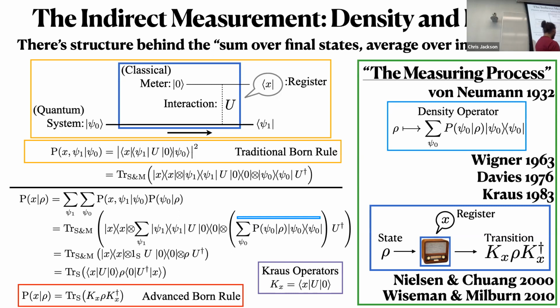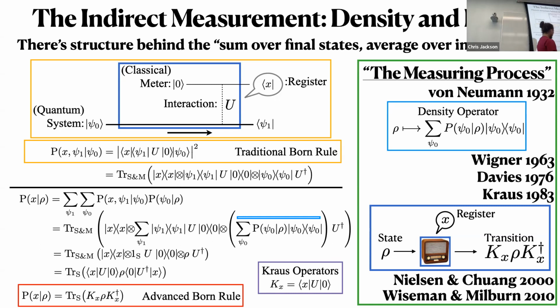And then what's left is you can take these bras and kets and contract them onto, since this identity doesn't do anything to the rho, contract these two onto the unitary on both the system and meter. It's perfectly legal to then just chunk them like this. And now this is a new kind of object, the so-called Krauss operator.